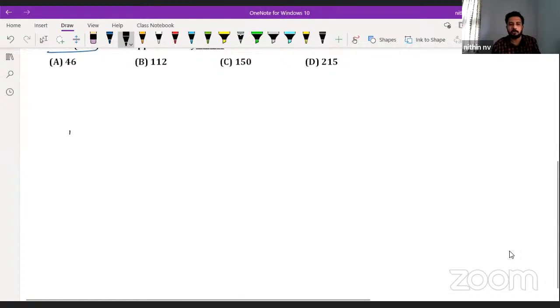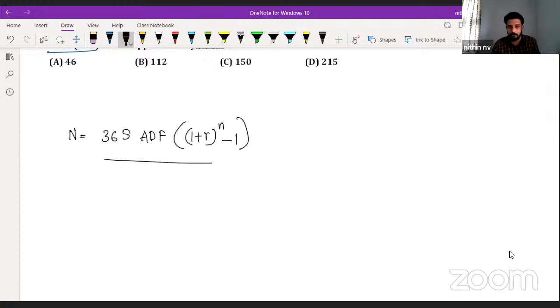According to the modified CBR method, the design traffic is nothing but 365 A D into (1 plus R) the whole raised to N minus 1, the whole divided by R. This is the equation of the modified CBR method. A little bit complicated, but once you practice the equation and solve questions, it will come automatically.